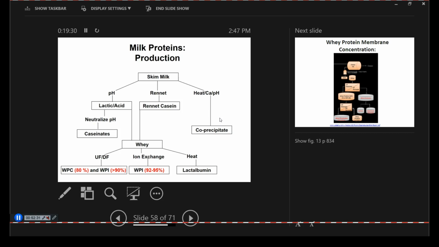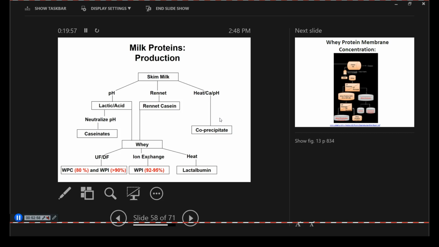And then the acidified casein you neutralize either with sodium hydroxide or with calcium hydroxide. If you neutralize with sodium hydroxide, you generate sodium caseinate. If you neutralize with calcium hydroxide, you generate calcium caseinate. So these are two different ingredients.